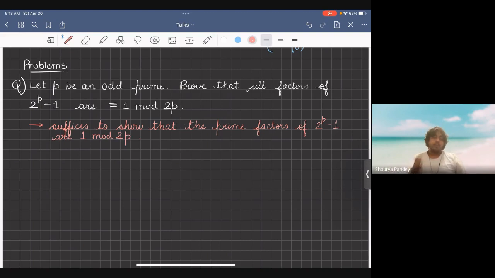Do you see why? Suppose I've shown that all prime factors of 2 to the p minus 1 are 1 mod 2p. Then do you see why all factors will be 1 mod 2p?